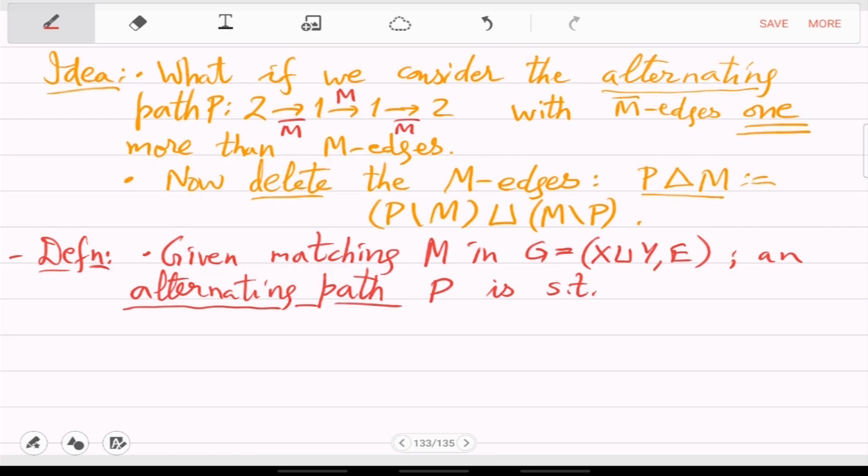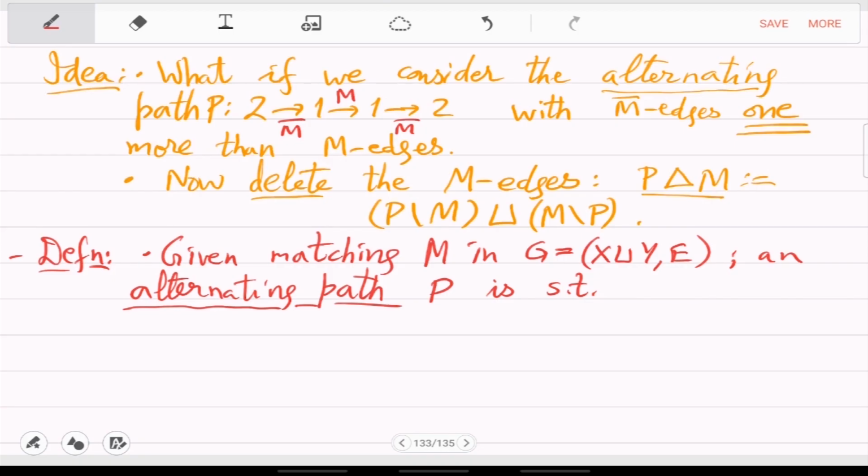So any path, if it starts from X, then the adjacent vertex will be in Y, right? And then from Y it has to come back to X. If its length is more than 2, then it has to go back to Y and so on, right? So it alternates within X and Y.